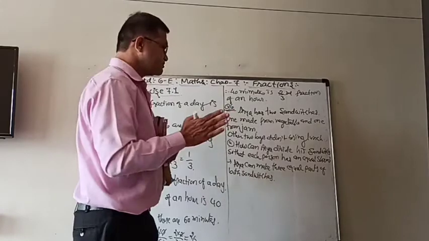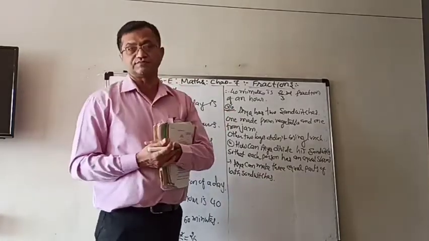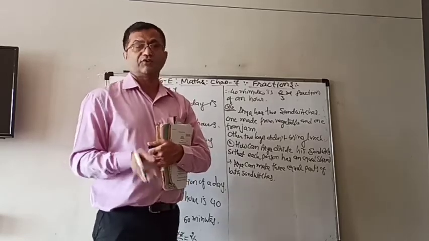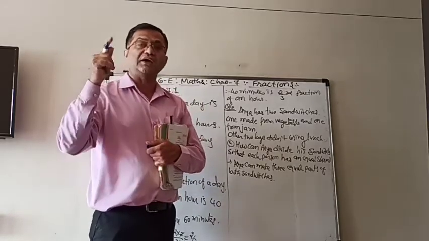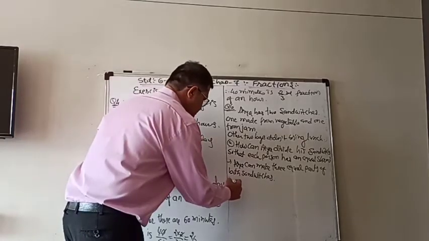So he has to make 3 equal parts from both the sandwiches. So each one gets 1 part from both the sandwiches, 1 from the vegetable one and 1 part from the jam one also.